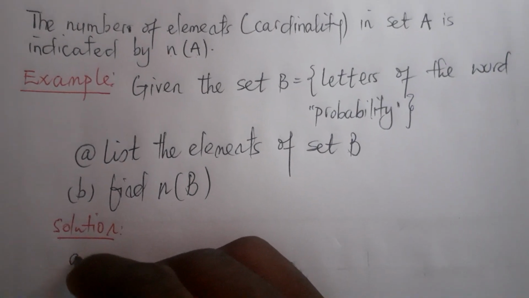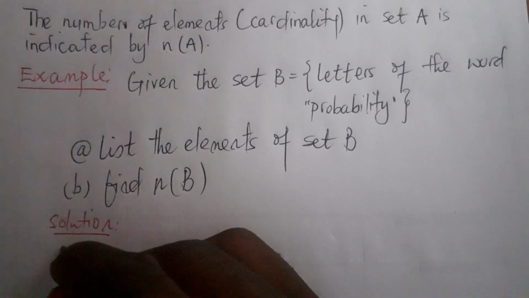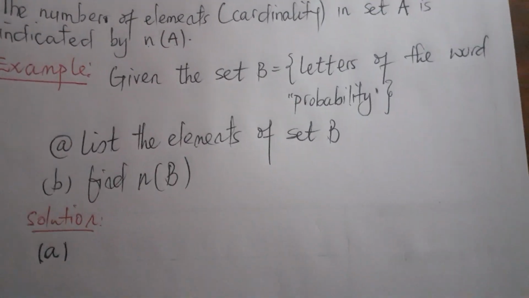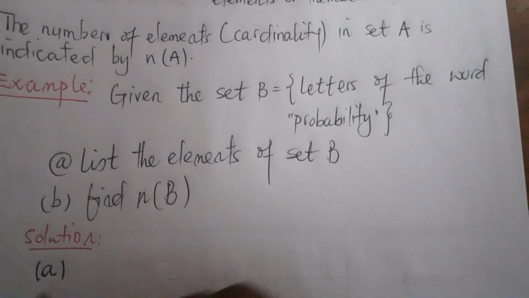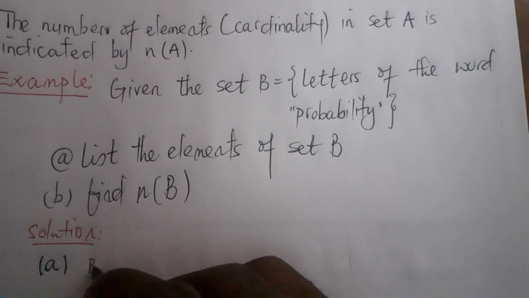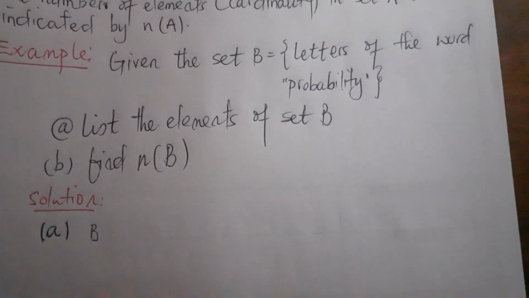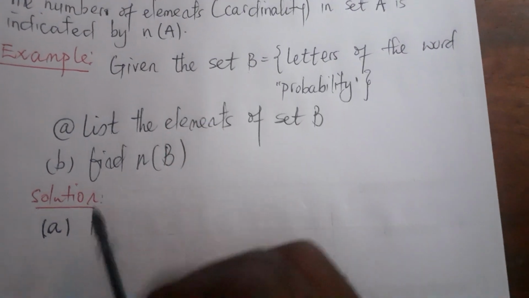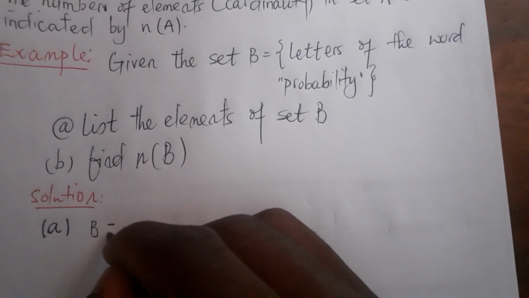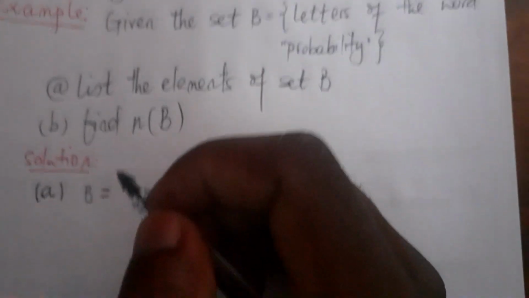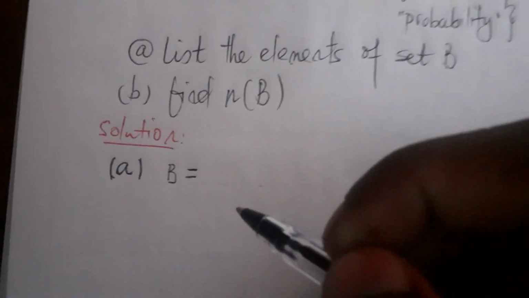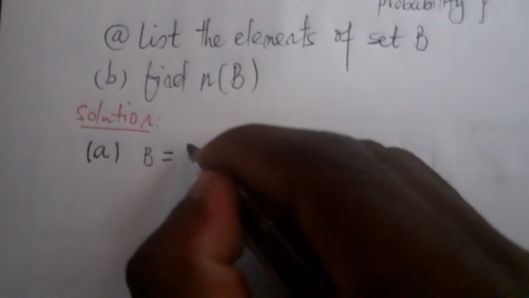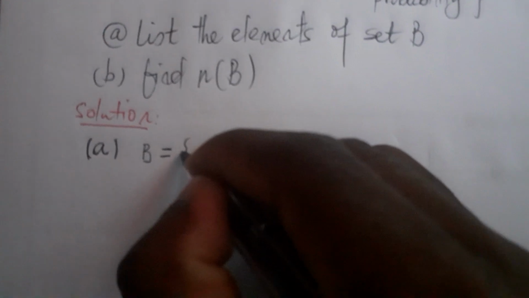Let's look at the solution. Let's start with A. We write capital B, because it said set B. You don't need to write the word set, just write the capital letter only. And then equal to, we have to use curly brackets.